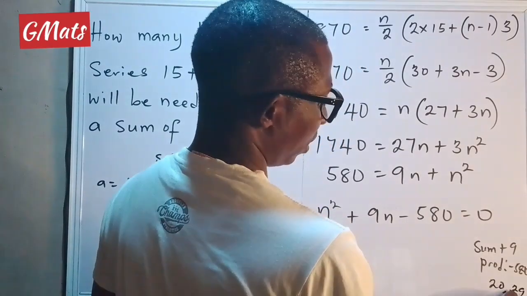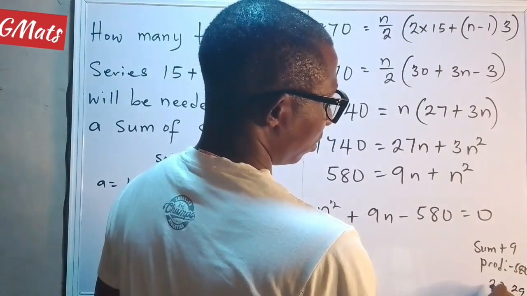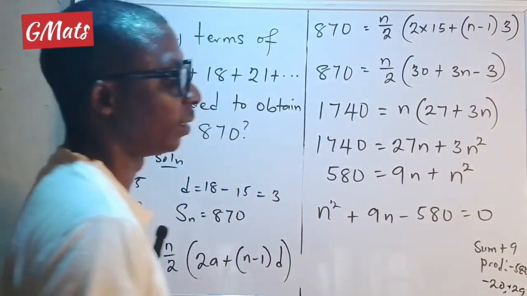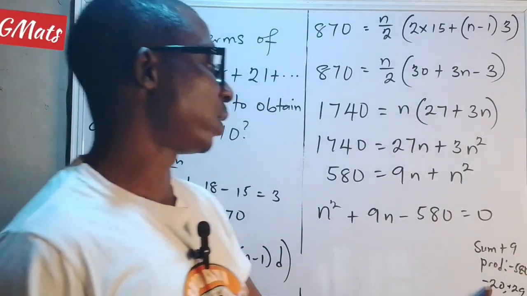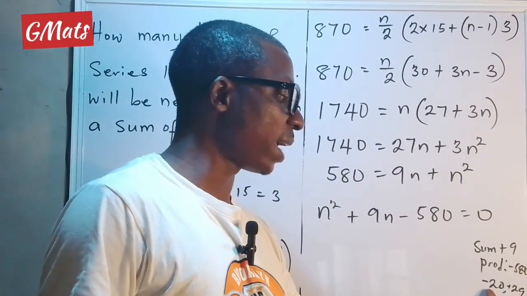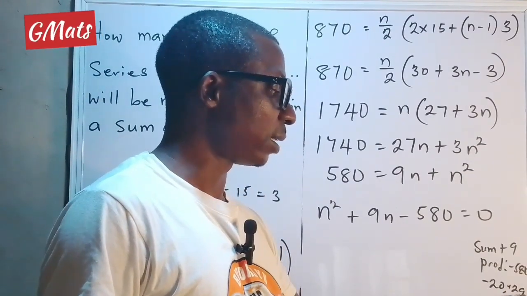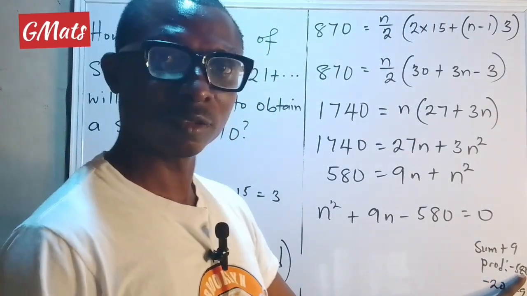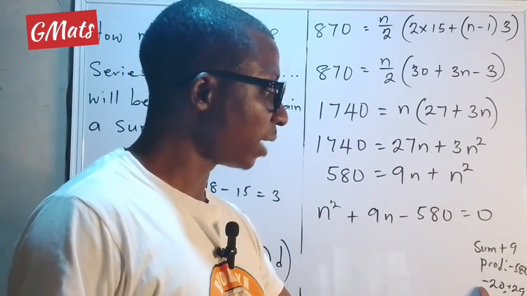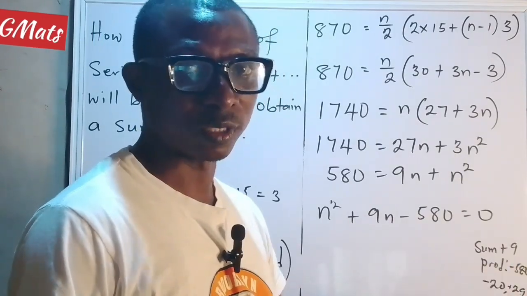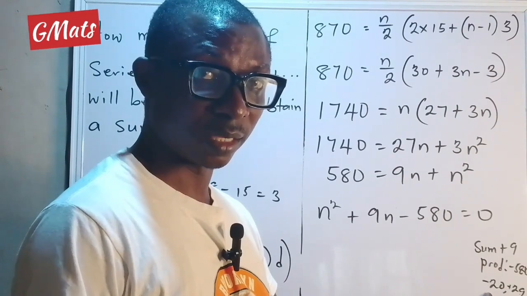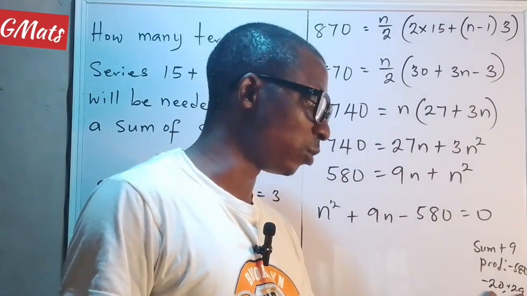So that's going to be minus 20 plus 29. So when you multiply minus 20 times 29, you have minus 580. When you add together, you're going to have plus 9. We just have 29 minus 20. That gives you 9. All right, so these are the two numbers.